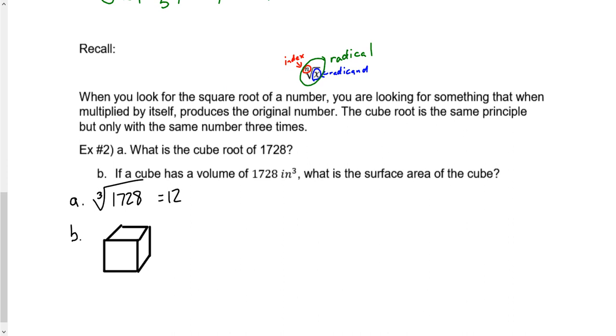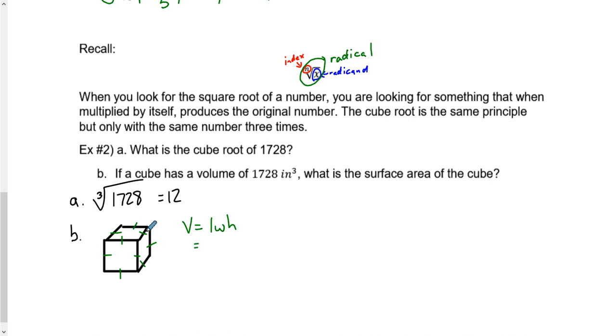Well, the beautiful thing about a cube is that every single side is the exact same. At the same time, we know the volume of a cube being the area of the base multiplied by the height. In this case, the base is a square, or just a more direct rectangle. The layman formula for volume of a cube, or any kind of rectangular prism, is length times width times height.